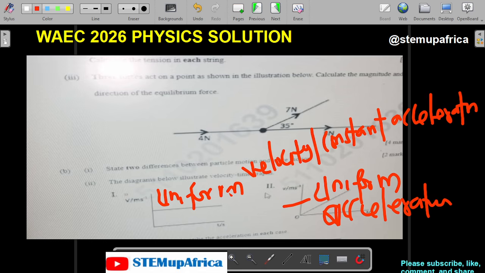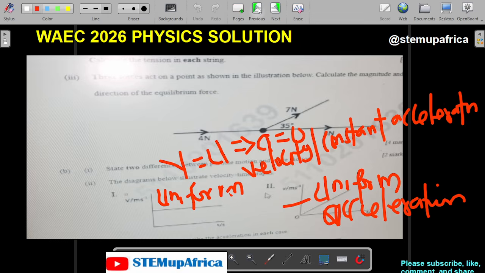So the first is uniform or constant velocity. When it's uniform, meaning the final velocity equals the initial velocity, the acceleration is constant, and the value of a is 0. Then the second one is uniform acceleration. You move from one point to another.